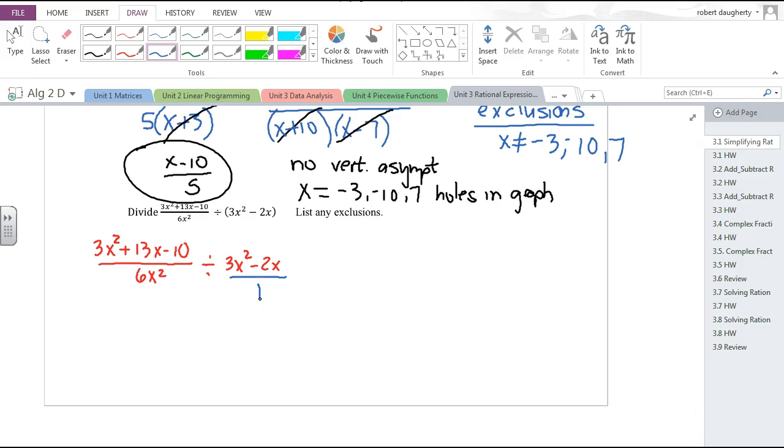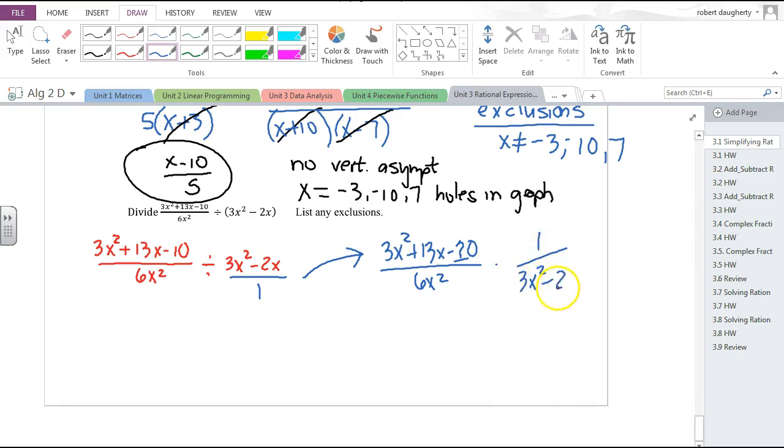Multiplication. So by changing this to a multiplication problem, it's 3x squared plus 13x minus 10 over 6x squared times what? 1 over 3x squared minus 2x. Okay, so now I've changed the division to a multiplication.